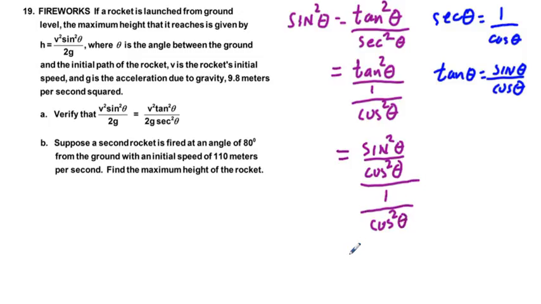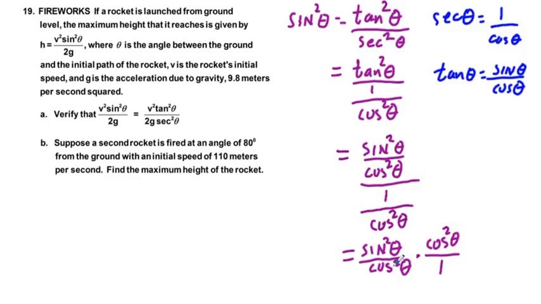Dividing by a fraction is the same as multiplying by a reciprocal, so I bring down sine squared theta over cosine squared theta, and instead of dividing by 1 over cosine squared theta, I multiply by the reciprocal, cosine squared theta over 1.